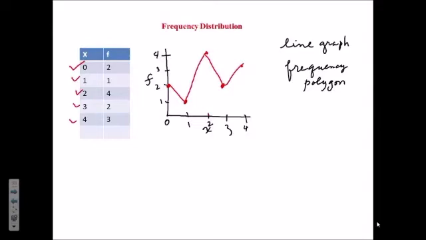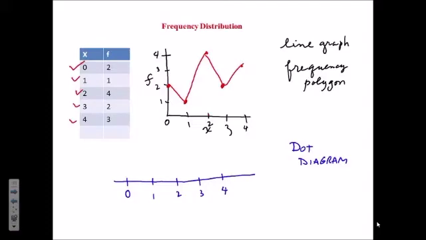We could also make what is called a dot diagram. Dot diagram goes like this. We make a horizontal line and put in the X values, 0, 1, 2, 3, and 4. And then we use dots to represent the scores.